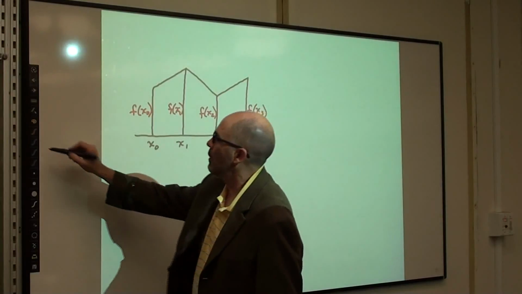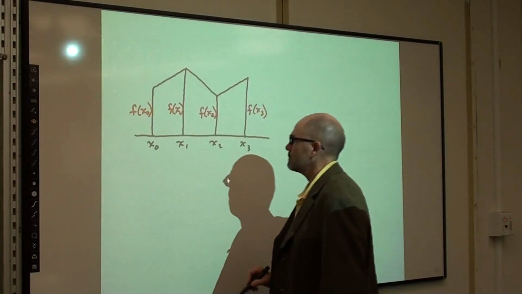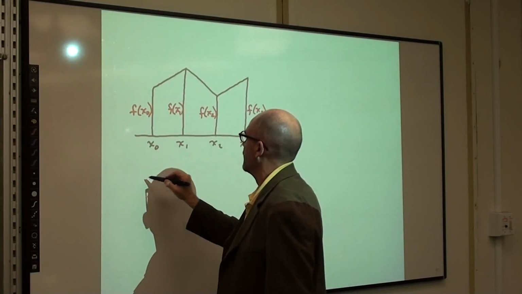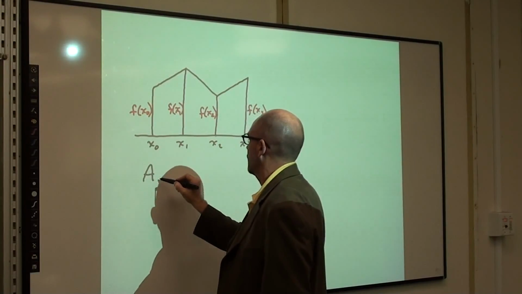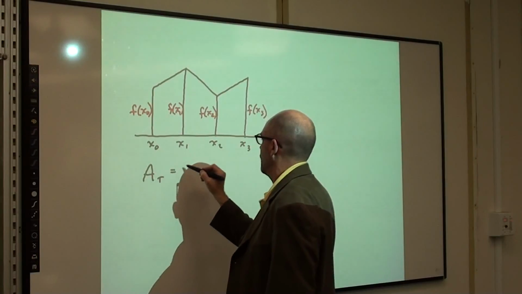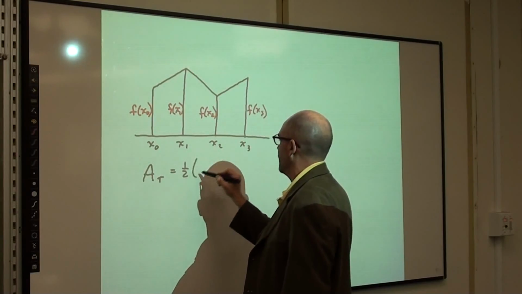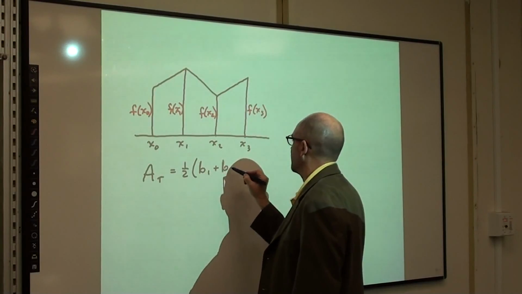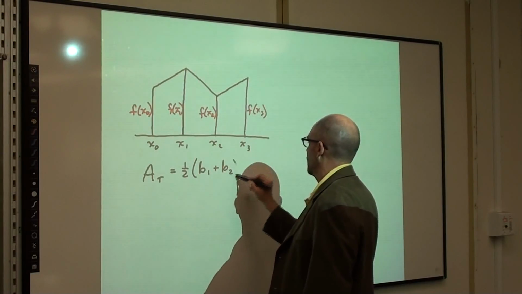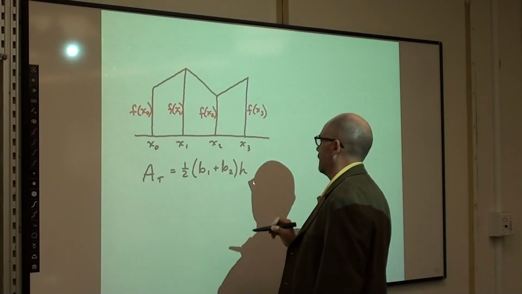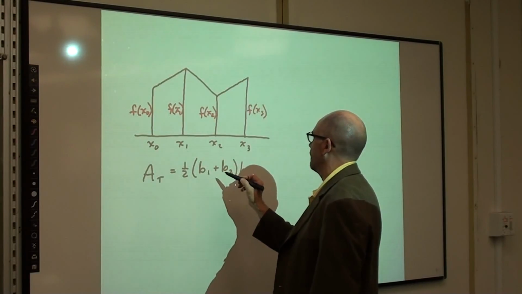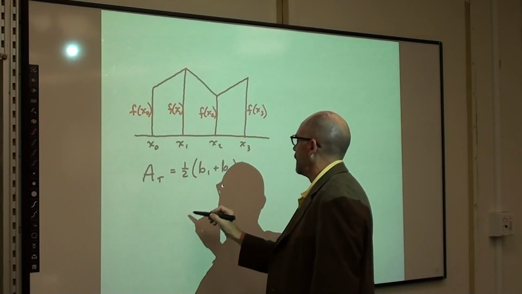Now, we know that the area of a trapezoid is going to be 1/2 times the average of the bases times the height. Let's draw a trapezoid here.